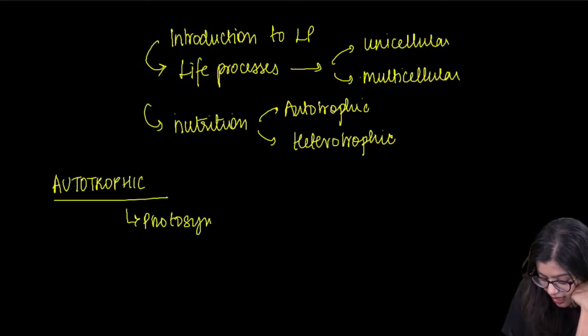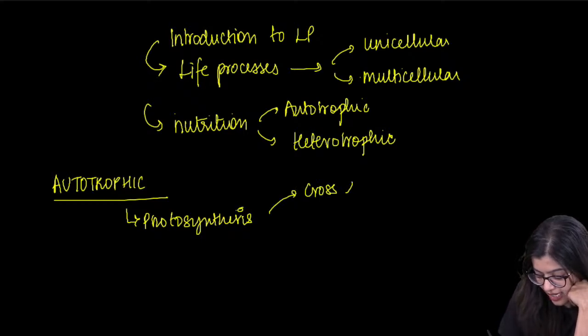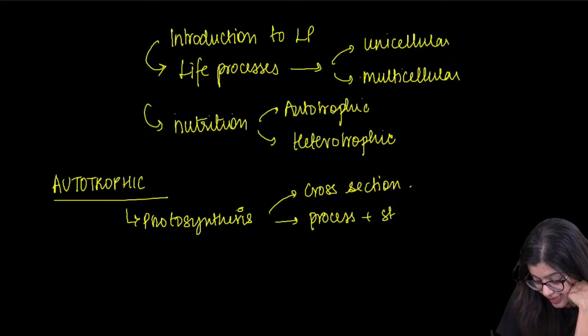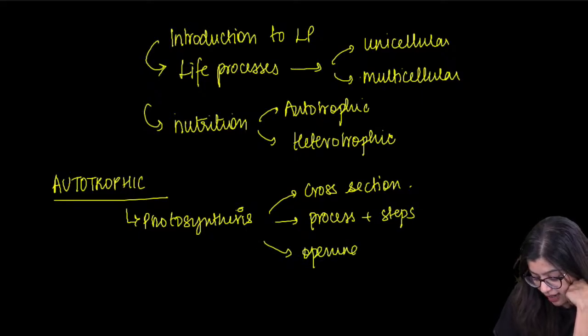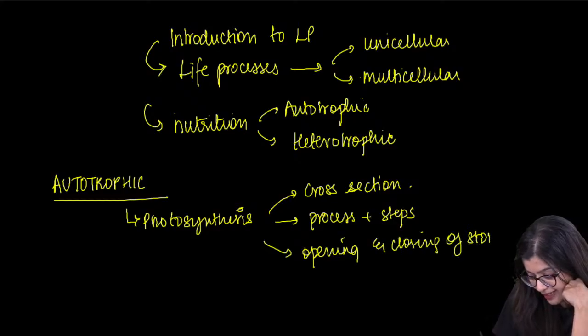Then under photosynthesis, we learned about the cross section of the leaf and the different parts of the leaf. Then after that, we learned about the process in itself and the steps. Then we explored the opening and closing of stomata in great detail.